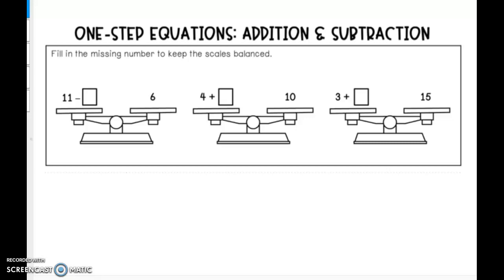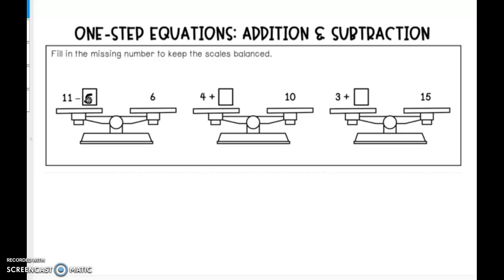So when we think about one-step equations, we have to think about a balance scale, keeping things balanced on both sides. So 11 minus what is the same as having 6 on the other side. We know our addition facts, we know that 11 minus 5 is 6.